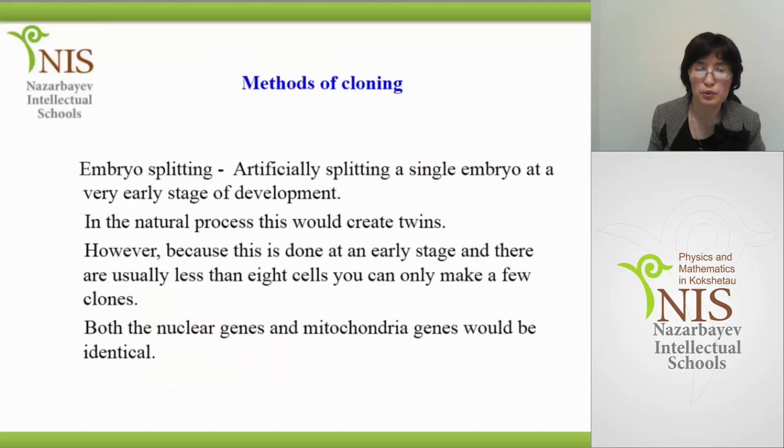With this method of cloning, embryo splitting, a single embryo is artificially split at a very early stage of development. In the natural process, this would create twins. However, because this is done at an early stage, usually at less than 8 cells, you can only make a few clones. Both the nuclear genes and the mitochondrial genes would be identical.